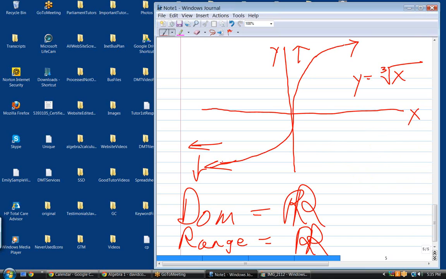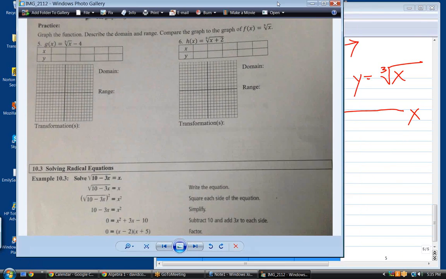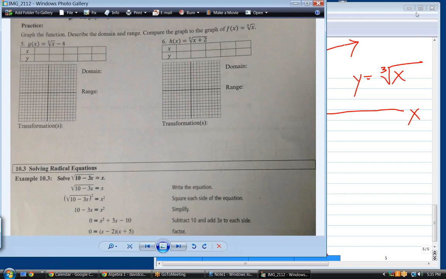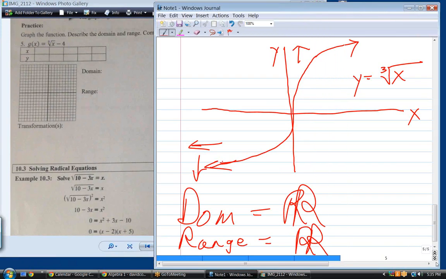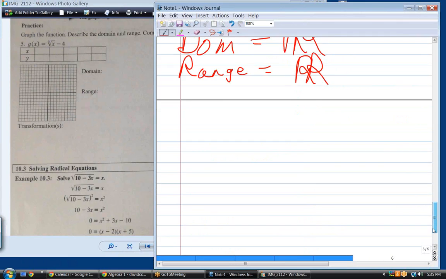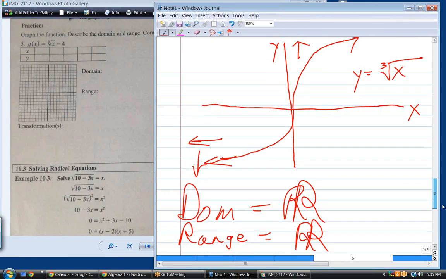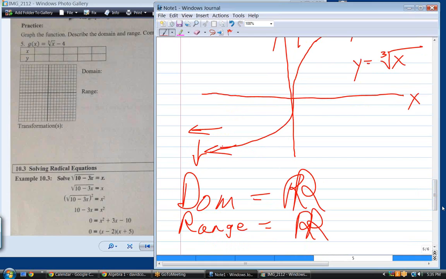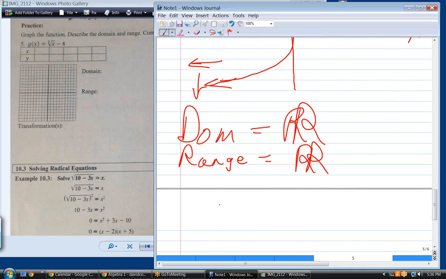So now let's talk about translations of this curve. If we look at this thing on the left only, they want us to do the same thing here as we did before. Let's do it. Let's make a table. Hold on. We've got g of x equals the cube root of x minus 4. What's that minus 4 do?